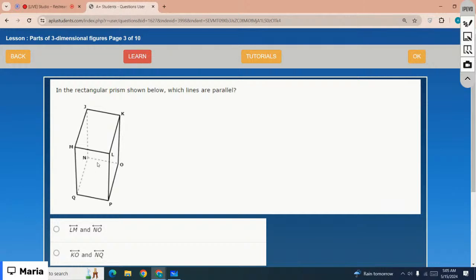The correct option is LM and ON are parallel. Option 1 is the correct option.